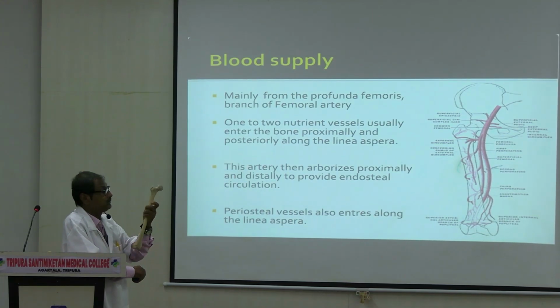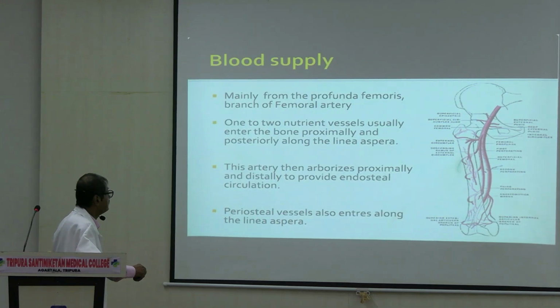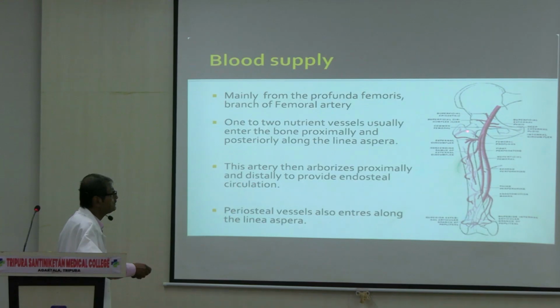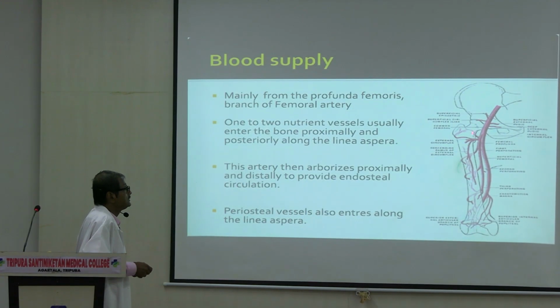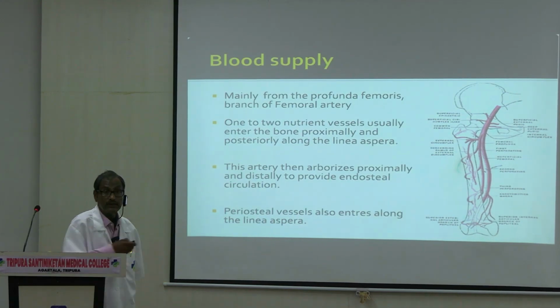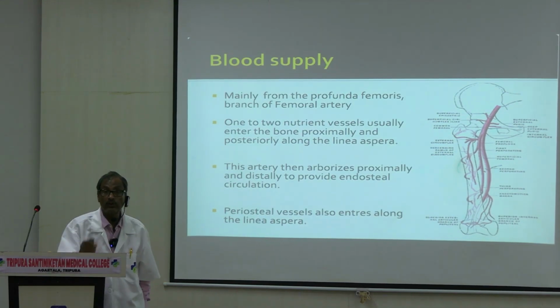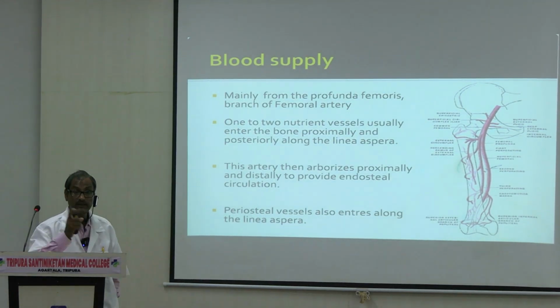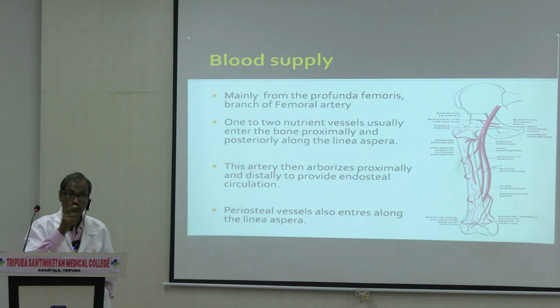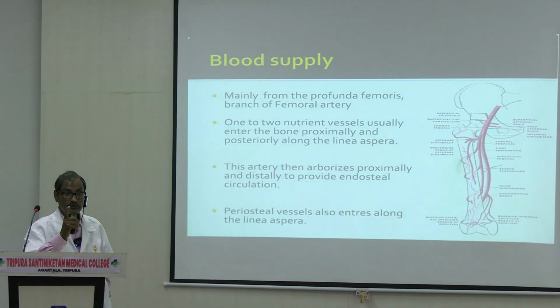This is the most important thing in the femoral neck. The periosteum has two layers, a cellular layer and a fibrous layer, and in the femoral neck the cellular layer is absent. That is very important because it causes non-union.